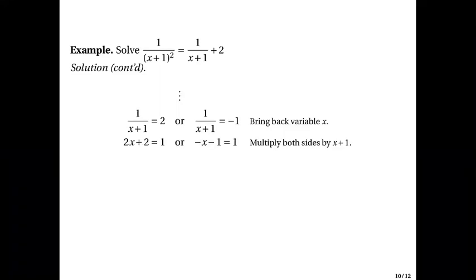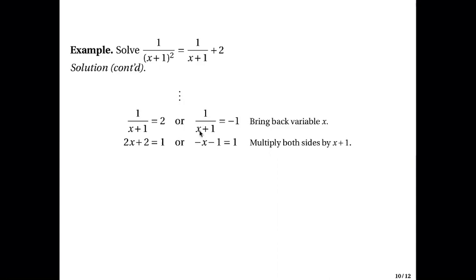When you solve for x, you multiply both sides of the equation here by x plus 1. So you will have 1 on this side, and then you will have 2 times (x plus 1), so 2x plus 2. On this part, again, you multiply both sides by x plus 1.